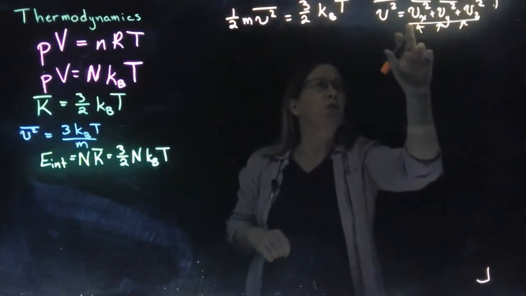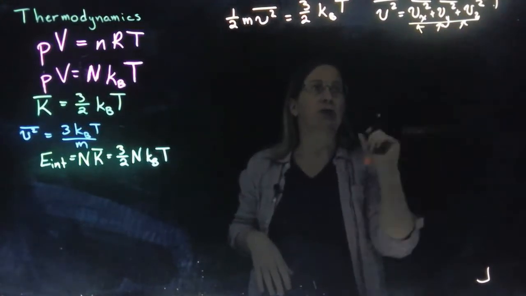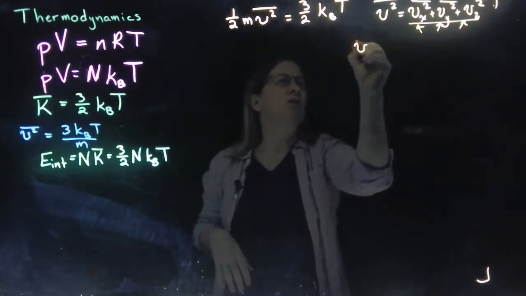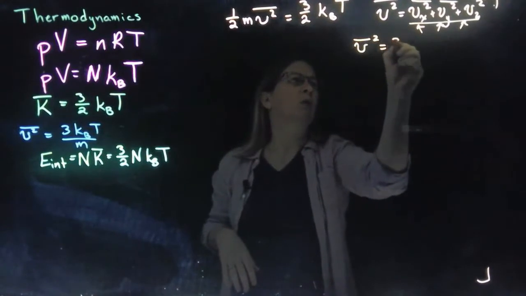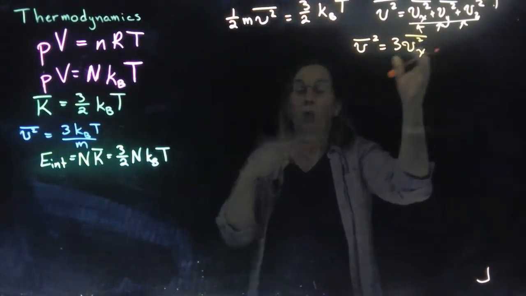The average speed in the x direction is about the same as the average in the y and the z. And so we had said v squared is equal to 3 average vx squared.